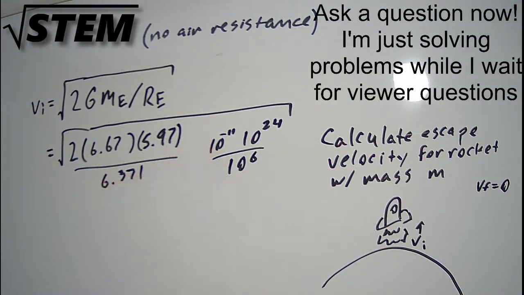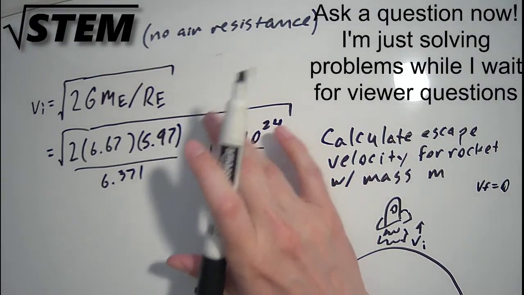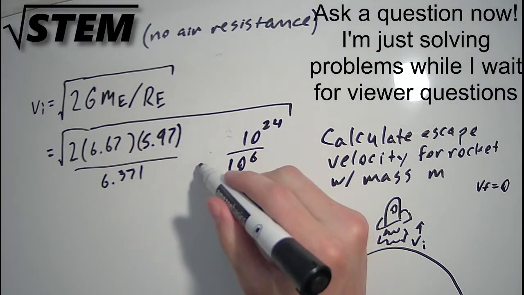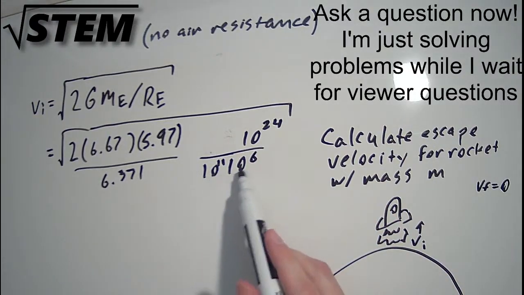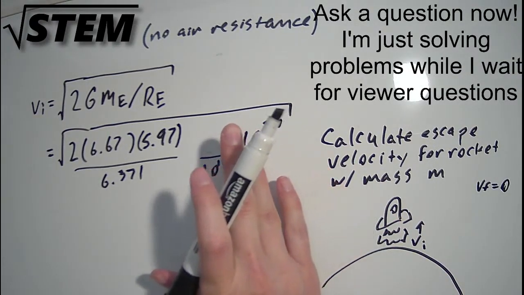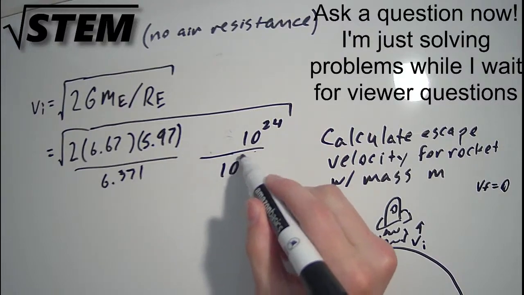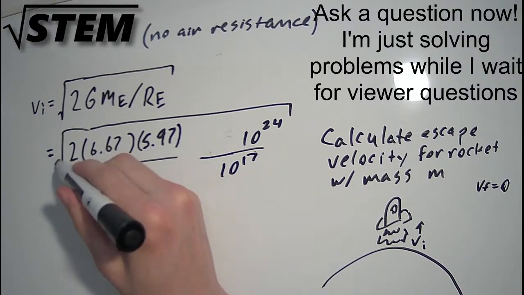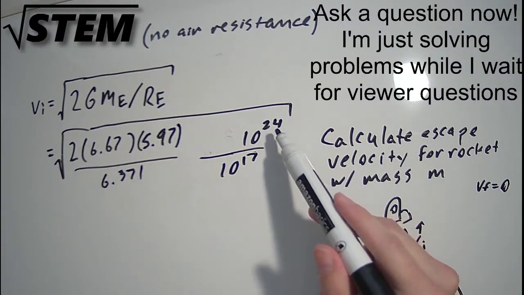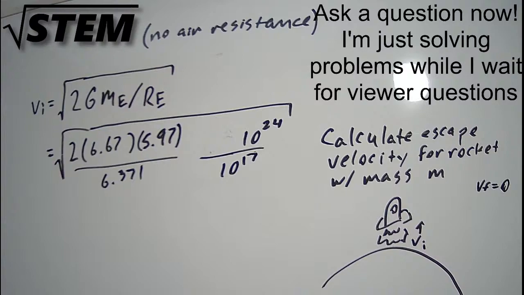So a negative 10 to the 11 on top would be a positive 10 to the 11 on the bottom. So altogether we're going to have a 10 to the 17 on bottom. 10 to the 24 divided by 10 to the 17 will give us 10 to the 7.